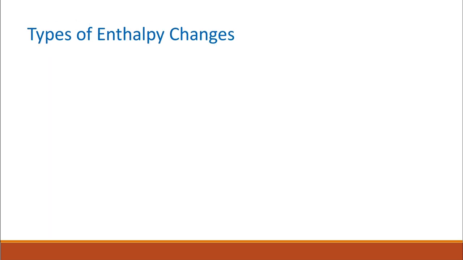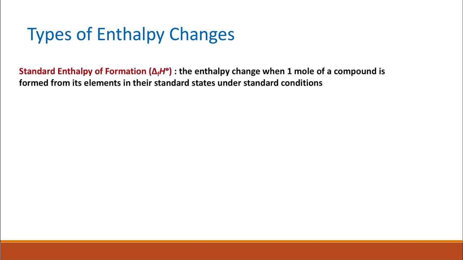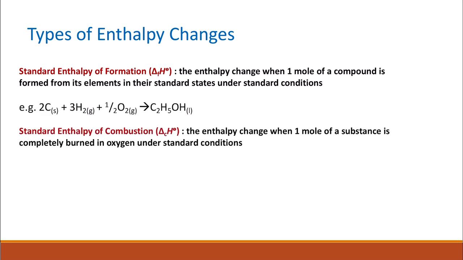Now, there are different types of enthalpy changes you need to be familiar with and understand. These are crucial when building our Hess cycle. So let's quickly review. First one is the standard enthalpy of formation, and this is the enthalpy change when 1 mole of a compound is formed from its elements in their standard states, for example, making ethanol from carbon, hydrogen, and oxygen.